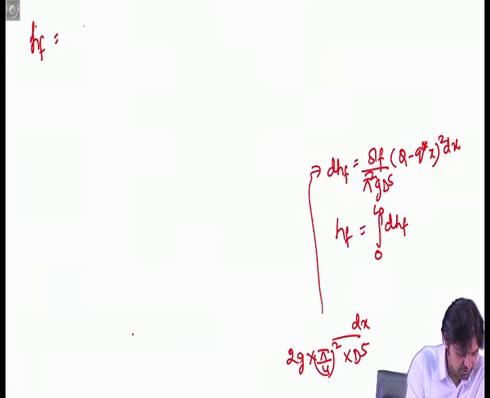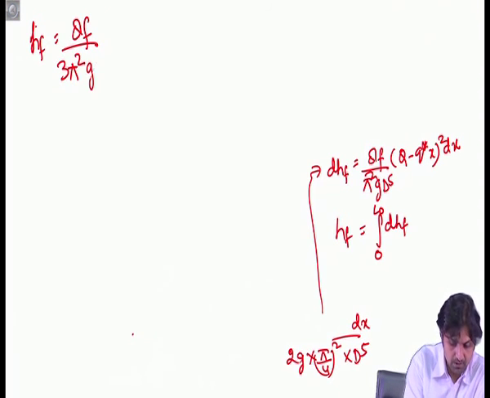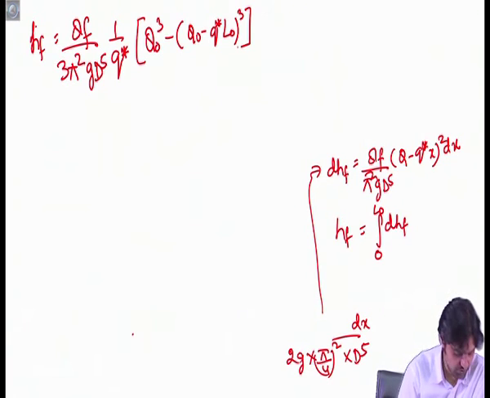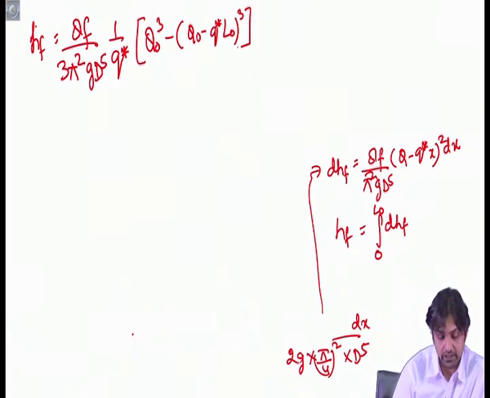So hf comes to be 8f divided by 3 pi square g d to the power 5 into 1 by Q star into [Q naught cube minus (Q naught minus Q star L naught) whole cube]. So this is the general head loss for the continuous withdrawal that we have found out.